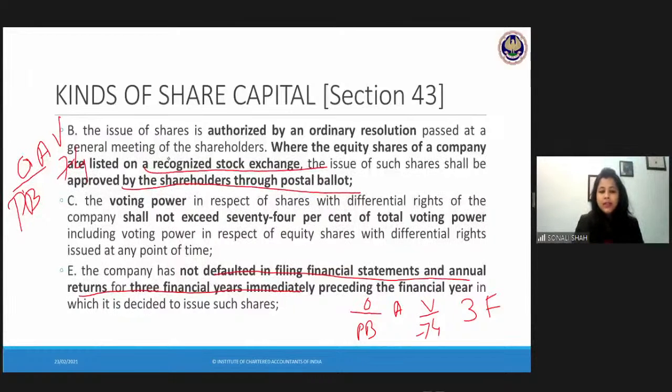Now coming to the next point. So the mnemonic here is O by PB, A, V by 74. Now coming to the concept of 3F. For 3 years, the company should not have defaulted in filing financial statements and annual returns for the 3 financial years preceding the issue of DVRs.